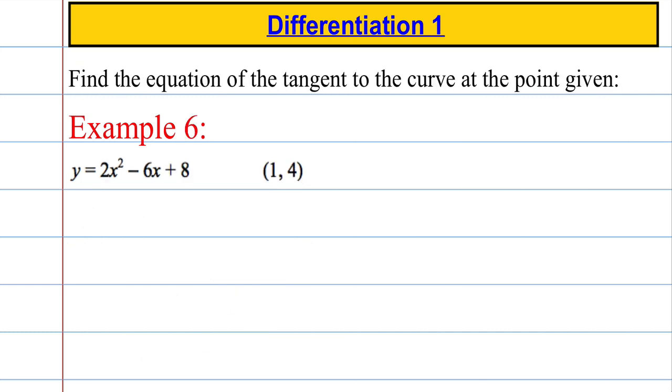Find the equation of the tangent to the curve at the point given. Okay, so similar idea again. In order to find the equation, a tangent, by the way, is a straight line.